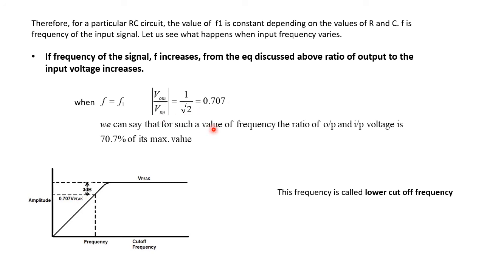Or we can say that the maximum value of VOM upon VIM is equal to 1, and if f is equal to f1, the output amplitude is 70.7% of the maximum value.